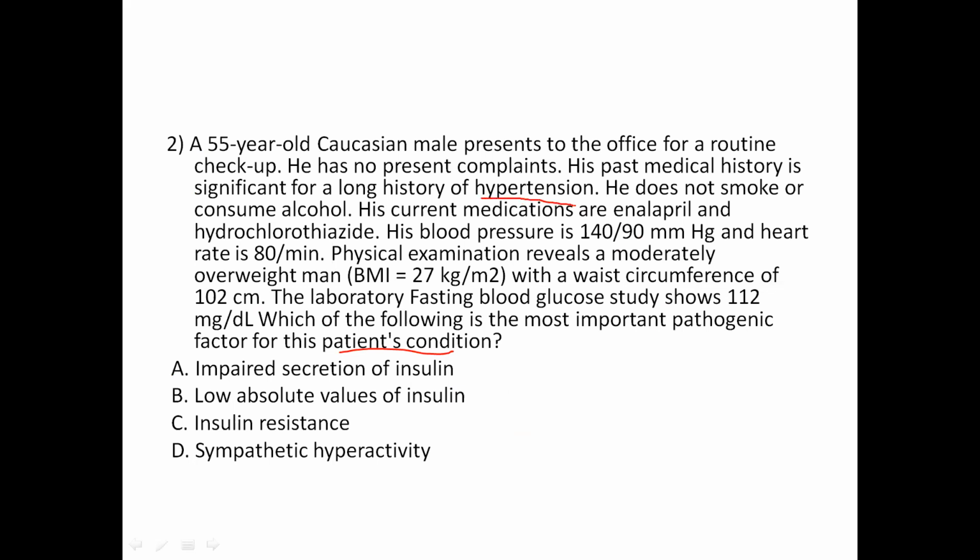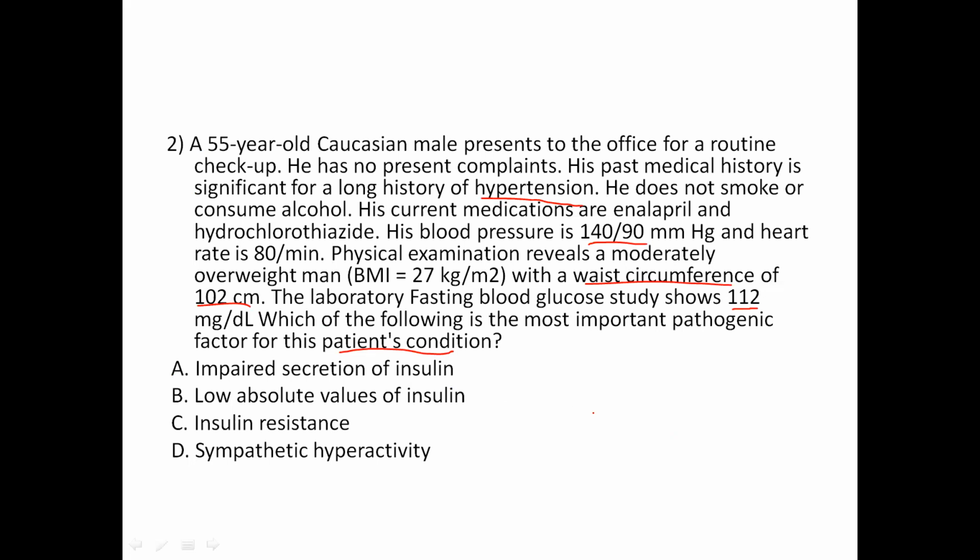So the patient is hypertensive and his current blood pressure is 140 by 90. The other is this patient's fasting blood sugar level is 112 milligram per deciliter, and another very important finding is the waist circumference is large, 102 centimeters.